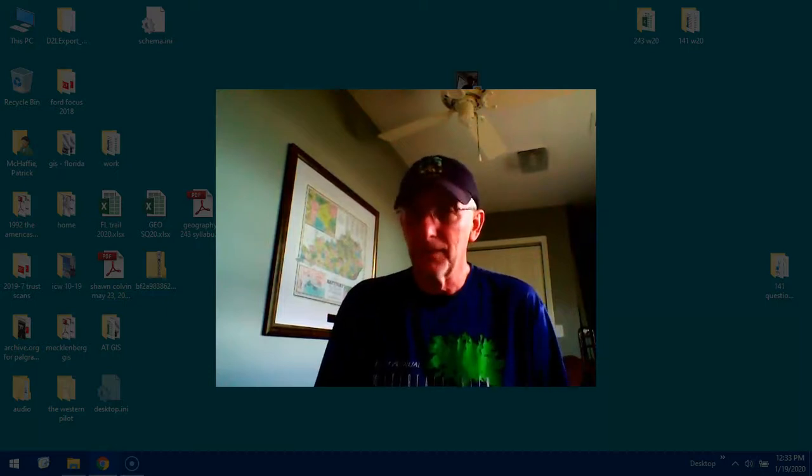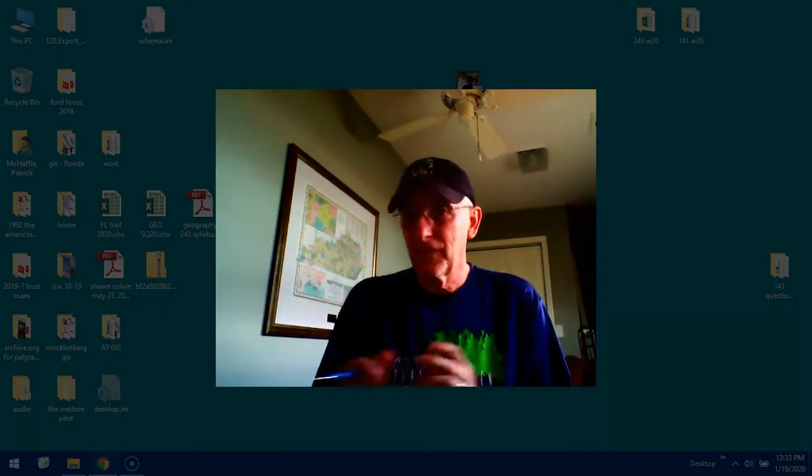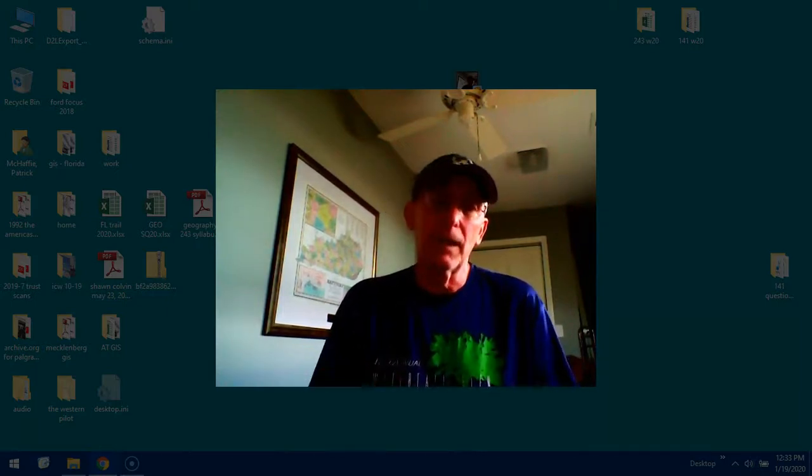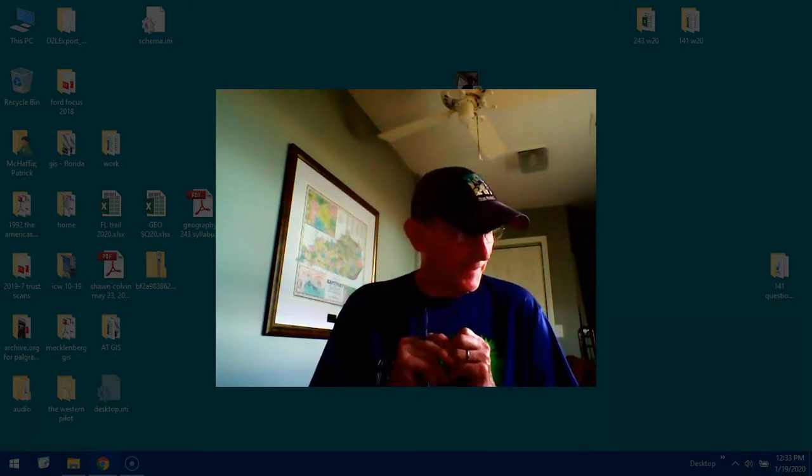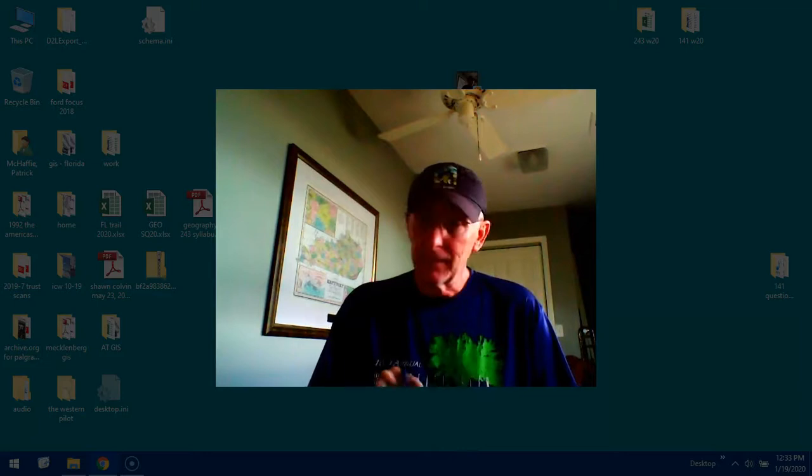Those are the most common scales that we use in scaling our digital data these days, certainly with Landsat data. And so we also have some media that's available.